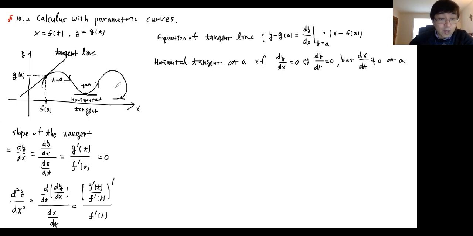One more: the vertical tangent line at a. What's the slope of a vertical line?